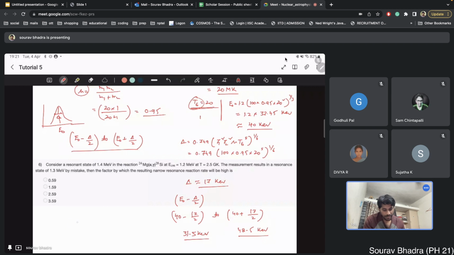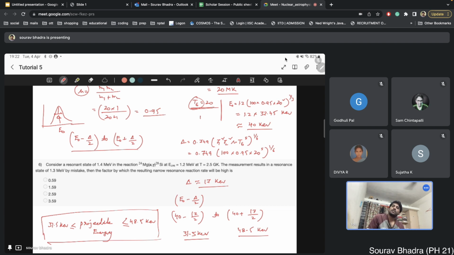If the energy of the projectile particle is in this range, then the reaction will occur. So roughly 30 to 50, if it is between that, your reaction will occur.